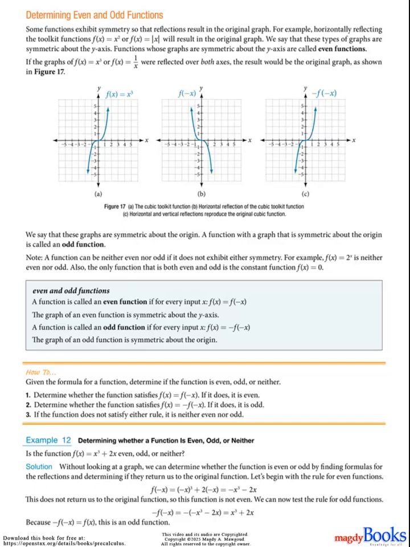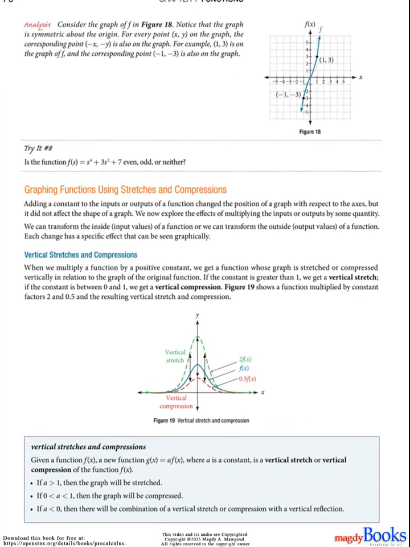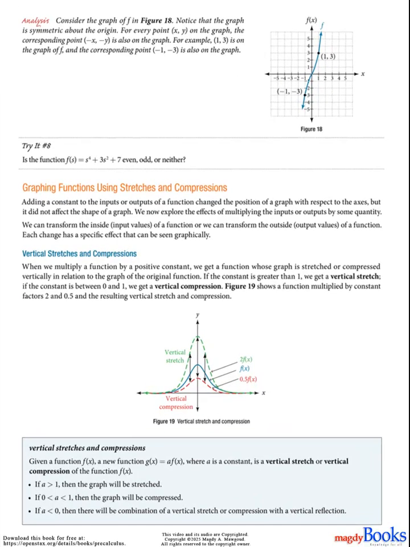We can now test the rule for odd functions. -f(-x) = -(-x cubed - 2x) = x cubed + 2x. Because -f(-x) = f(x), this is an odd function. Analysis. Consider the graph of f in Figure 18.